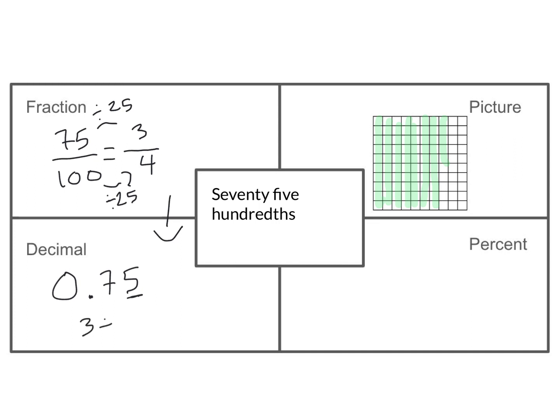I'll write that here. 3 divided by 4 equals 0.75 or 75 hundredths. And now to go to a percent, I already have it as a fraction written out of 100. Percent means out of 100, so this is 75%. The other strategy that we can use when we are going from decimal to percent is to multiply by 100, and that will give you what the decimal is as a percent.